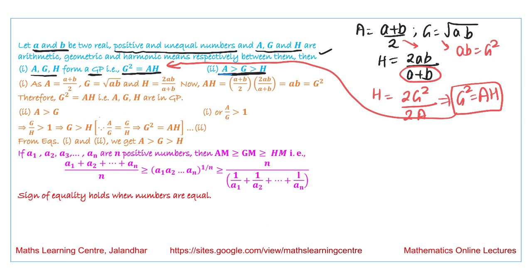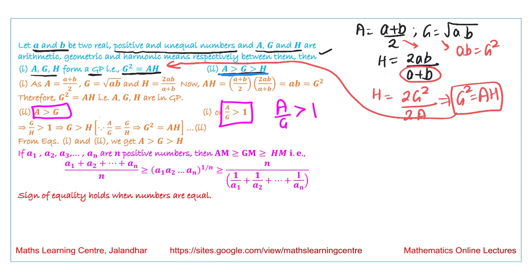Next we have to prove that A is greater than G is greater than H. The first part, that arithmetic mean is greater than geometric mean, has already been proved in our previous lectures. So what we obtain from this is that A by G is greater than 1.